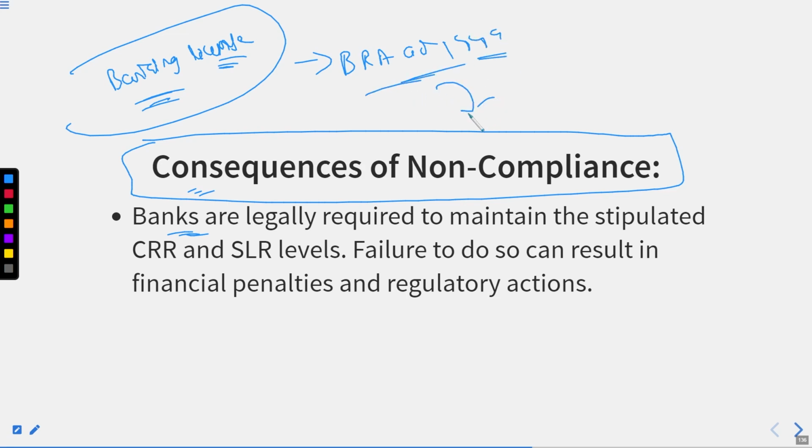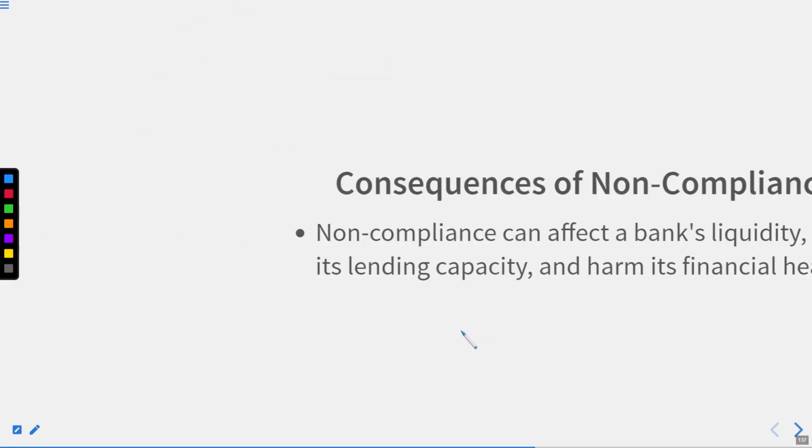Okay. And the same provisions on which we are discussing right now come from the same act. It means that the banks are legally bound to follow these CRR and the SLR requirements. If they are not doing it, then they have to bear either the financial penalties or the regulatory actions.